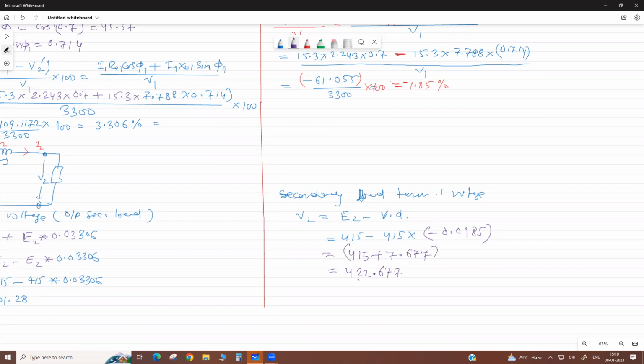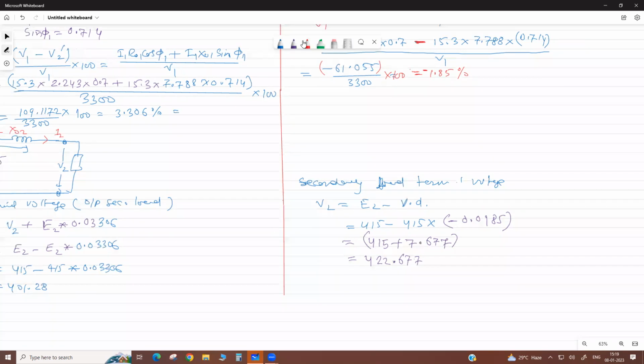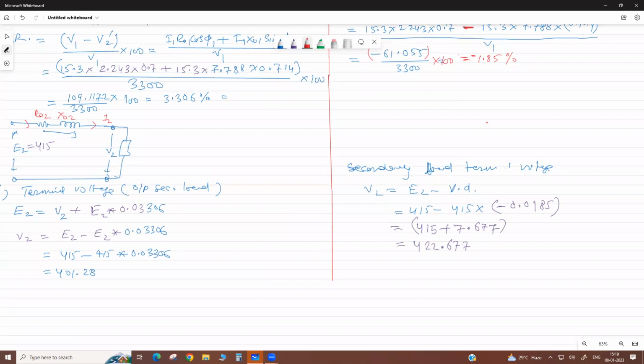Okay, so see, this is higher than your no load voltage. Why? Because at leading power factor, your voltage regulation is negative.